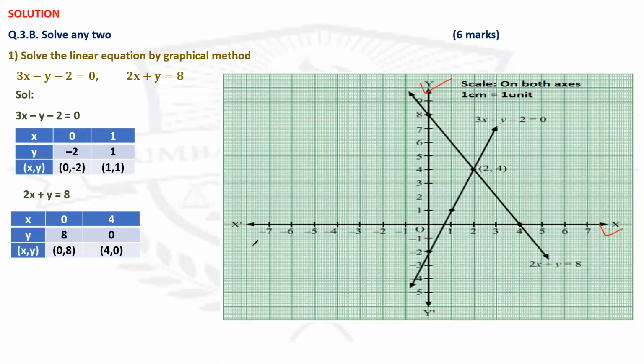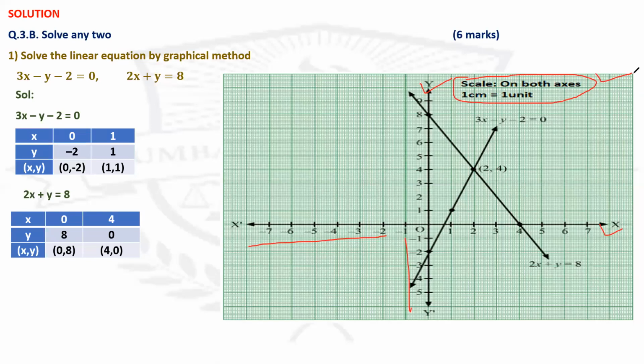Here x dash has got negative values, y dash has got negative values. So after drawing the axis, the most important part is the scale. On both axes, 1 centimeter equals 1 unit. You've got marks for this.